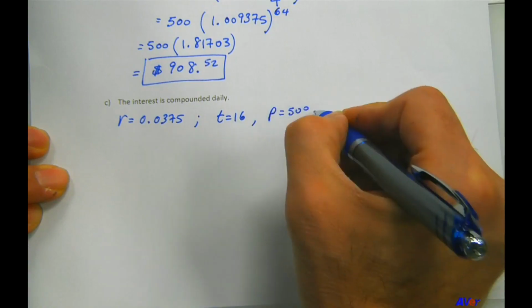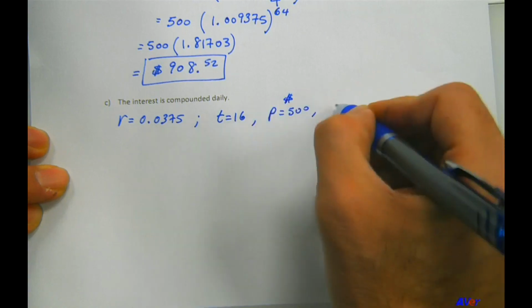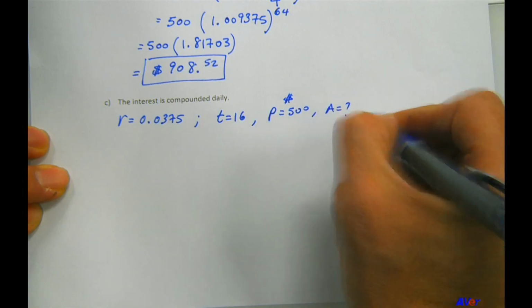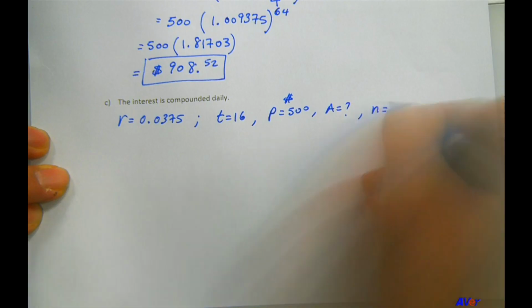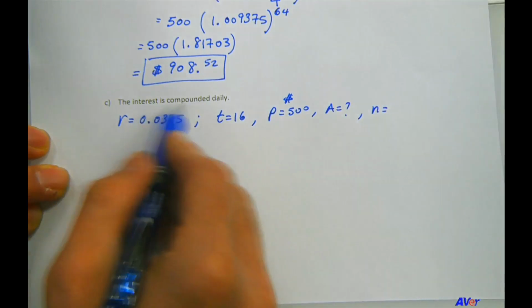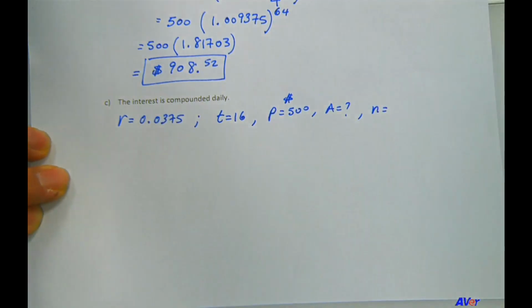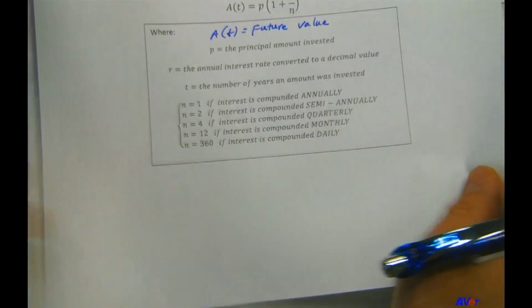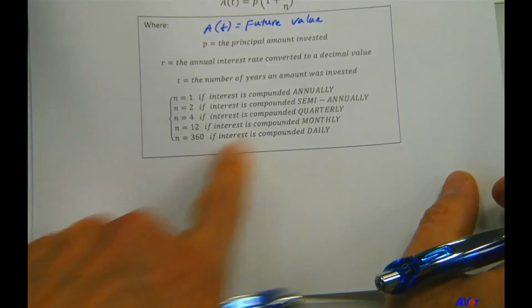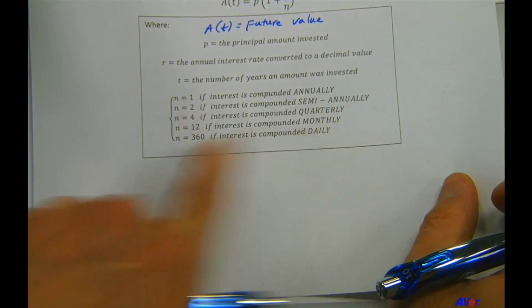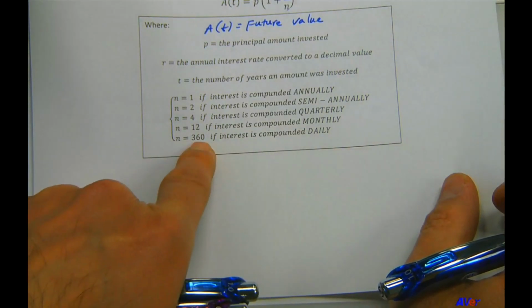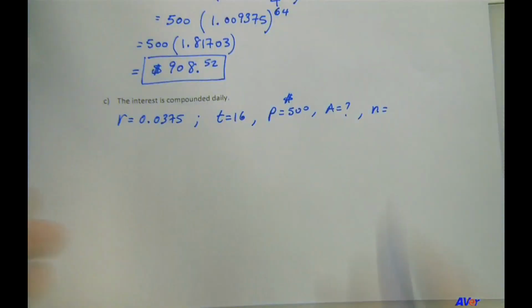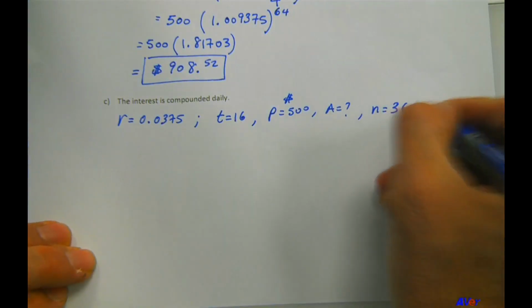It's still $500. And we're still looking for the future value. But in this case, interest is being compounded daily. So if I bring back this list, if interest is compounded daily, we have to use 360. So N in this case is 360.